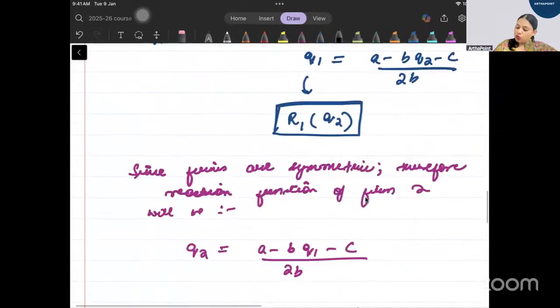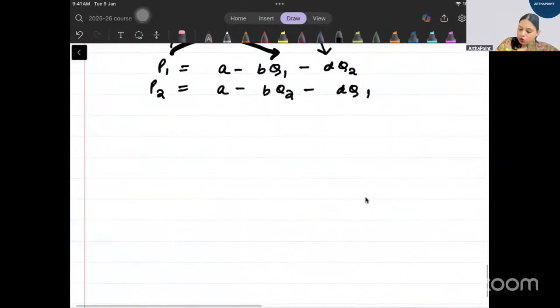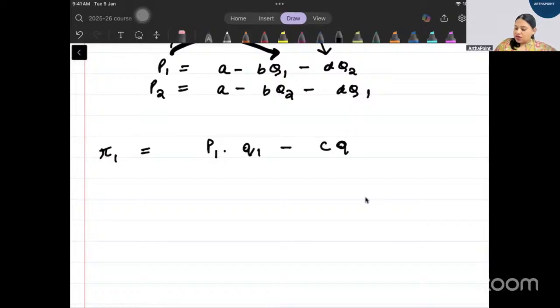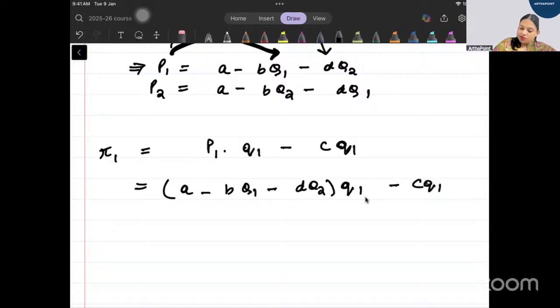So now what you will do is you will again form the profit function of firm one, beta. So price of firm one, quantity of firm one, cost and quantity. And instead of price of firm one, you will write A minus B Q1 minus D Q2 into Q1 minus C Q1.